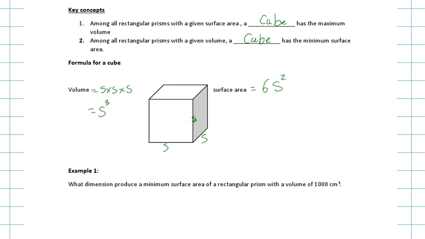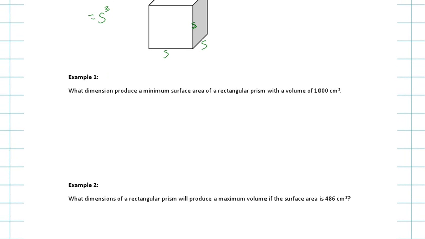Okay? So, what dimension produced a minimum area of a rectangular prism with a volume of 1,000 centimeter cubed? So I'm looking for the dimension. Minimum surface area given the volume. So what do I start with? The surface area formula?